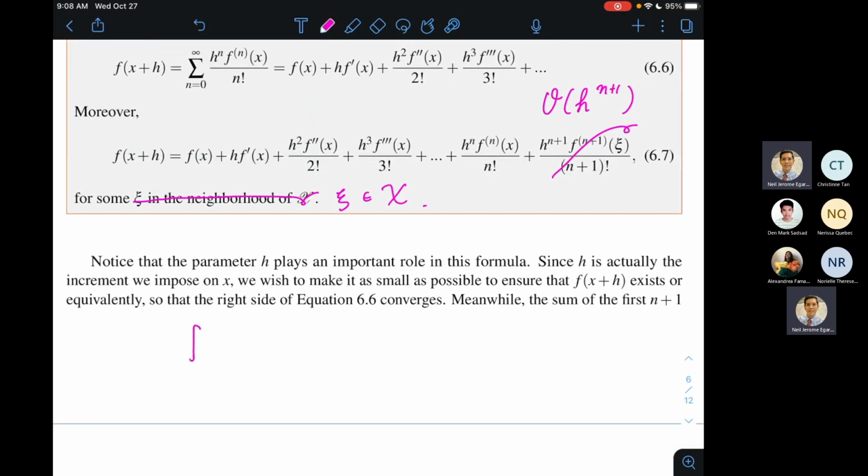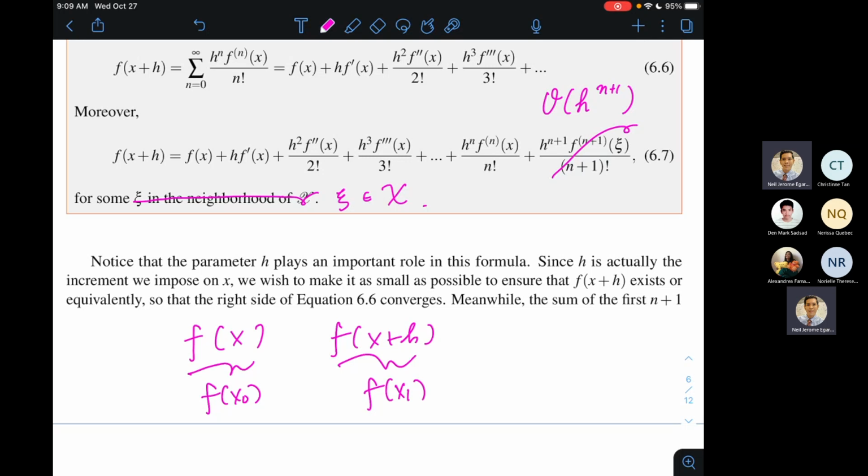So gagamitin kong dalawang points ay f of x at saka f of x plus h for some value of h which we want to be small enough to get a good accuracy but not too small that will cause instability. So saka na natin isipin ano yung optimal step size, meron tayong module para doon. Pero you can think of this as yung f of x sub 0 natin kanina. Kasi ito yung f of x1 natin kanina. Let's try to recreate the example we have from before.